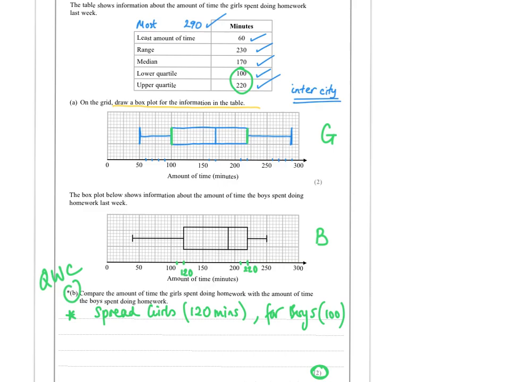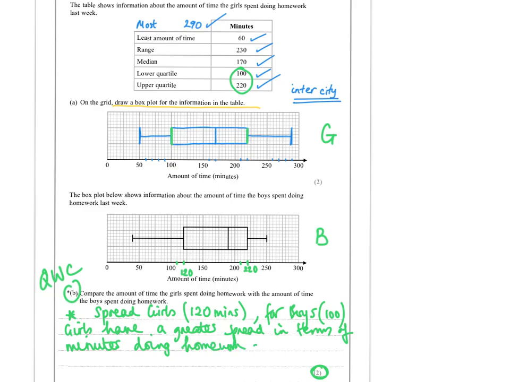So you can say the girls have a greater spread in terms of minutes doing, I think it's homework, a week.